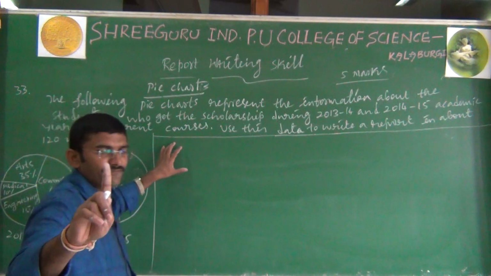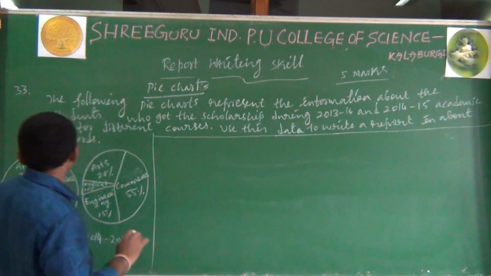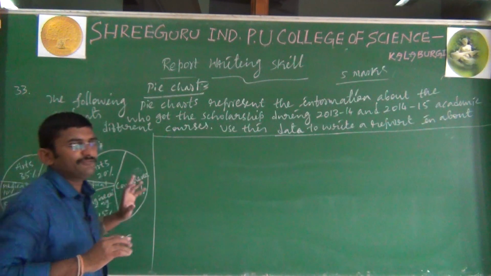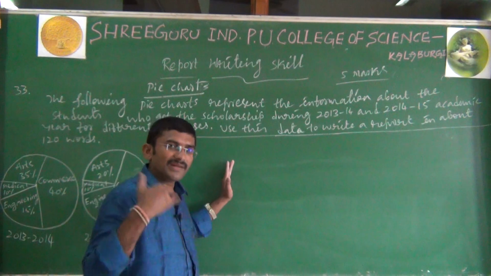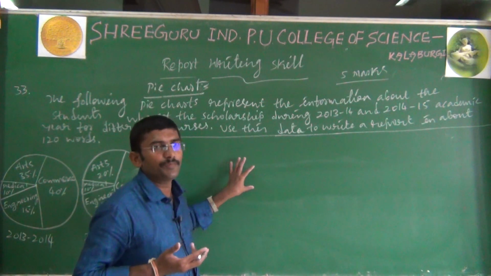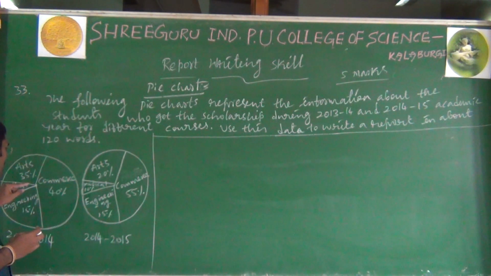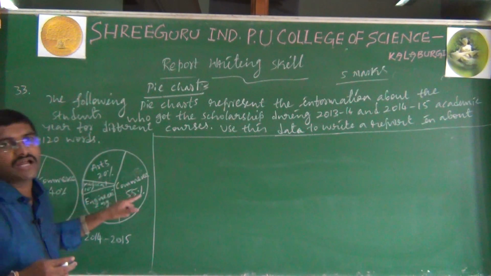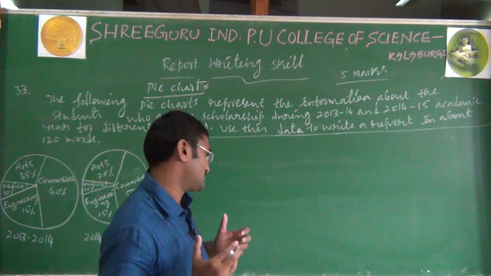That is the first step in report writing skills. And the second step is individually we'll have to give the information in the report with individual data based on the given pie charts in the question paper.